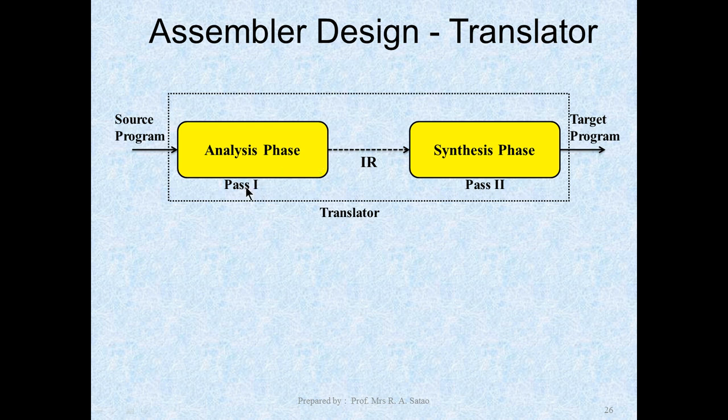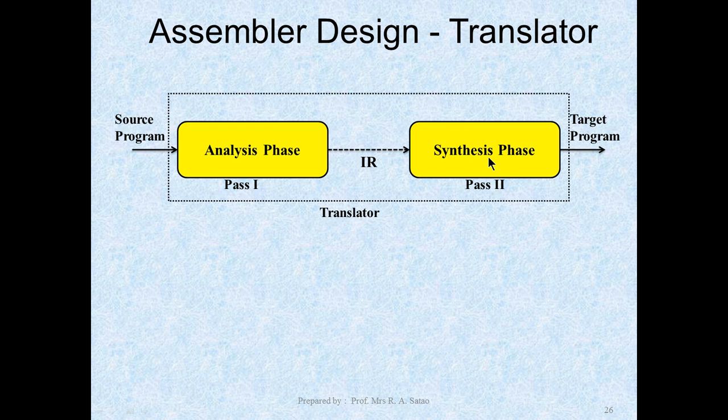Now why is the analysis phase called pass 1 and why is synthesis called pass 2? We are reading the source program one time in the case of the analysis phase. We are reading from the first line to the last line and collecting the information. So reading that source file one time is called one pass.